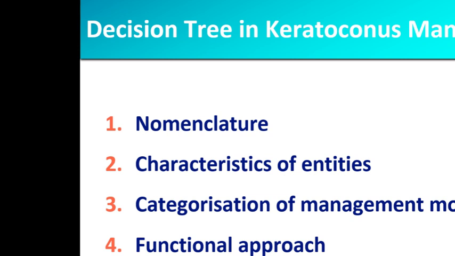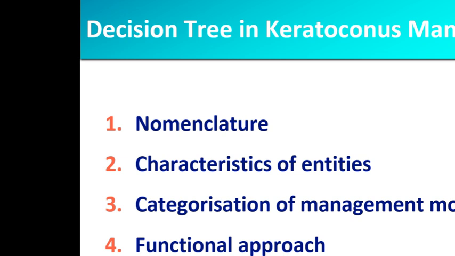Then I'm going to show you a new categorization of management modalities. Same management modalities, but new categorization. And I'll show you then my functional approach. It is functional, based on vision rather than K reading, thickness, all of this stuff. Then I'll show you some examples.